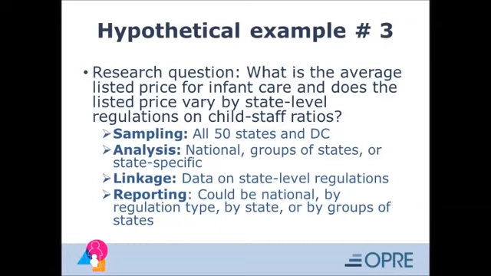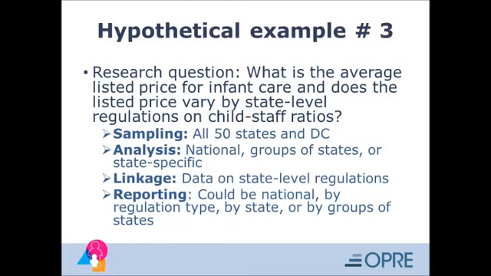And so the national data don't include information on state level licensing requirements, but you can, using publicly available data on licensing, connect each case in the NSECE data files with the appropriate licensing requirement in its state.